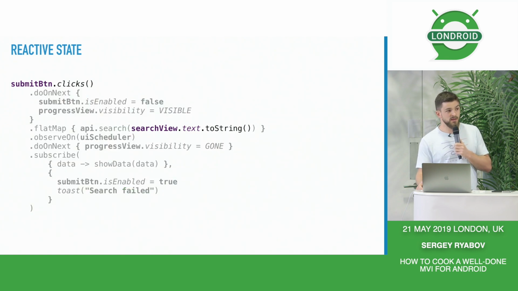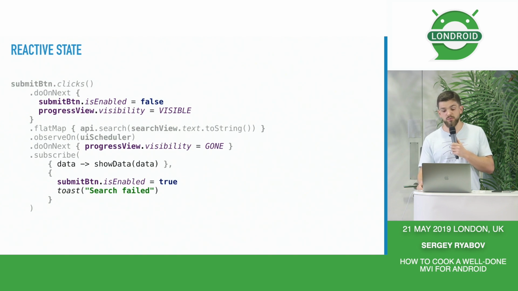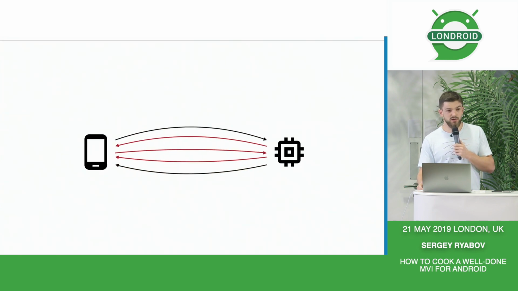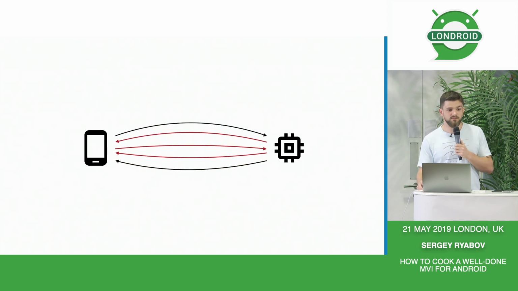What's bad here? We read our state in 2 places, and we change our UI state in even more places, 5 here. That's quite a lot. And probably we are doing some redundant hops between the UI and our logic.